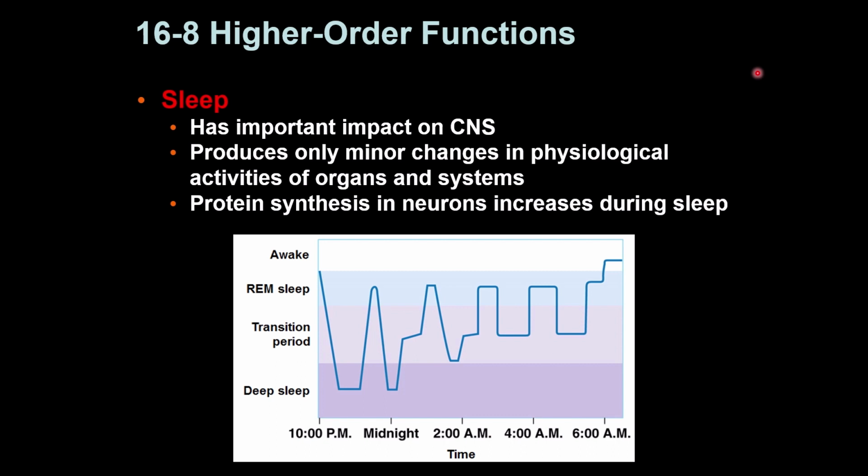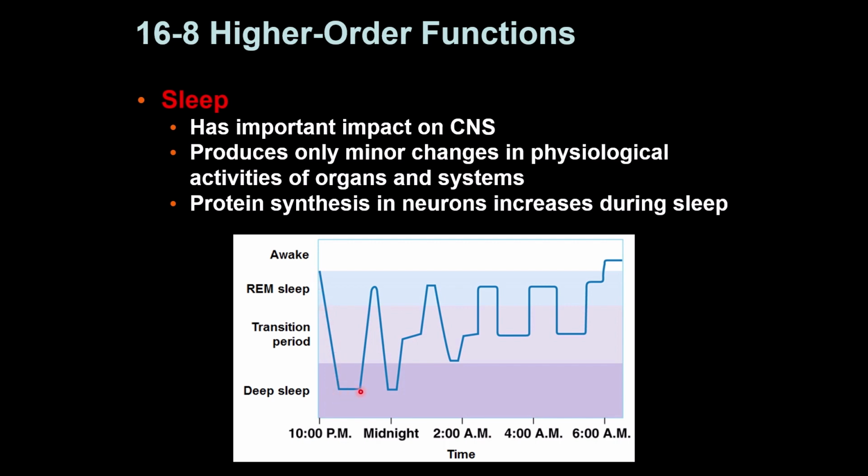There are two types of sleep. One is the non-rapid eye movements, and the other one is called rapid eye movements. The non-rapid eye movement has 4 different stages. It's not explained properly in your textbook, but that's okay. So in this image that you can see here, when you go to sleep, you go right away to deep sleep.